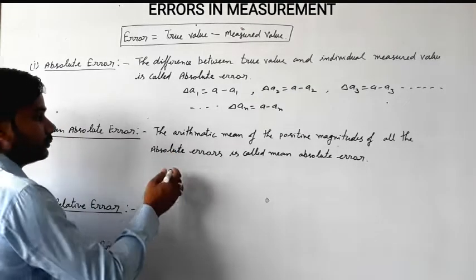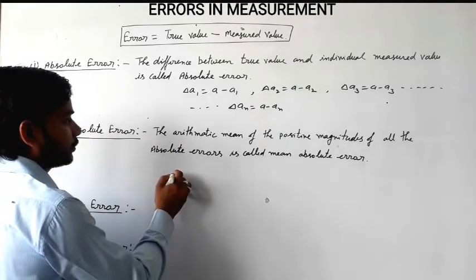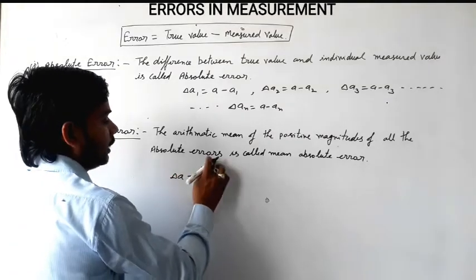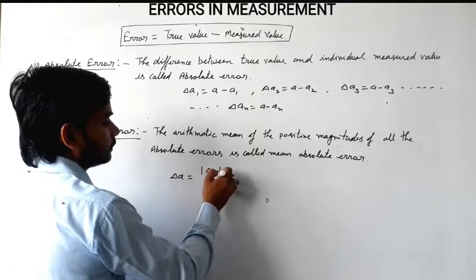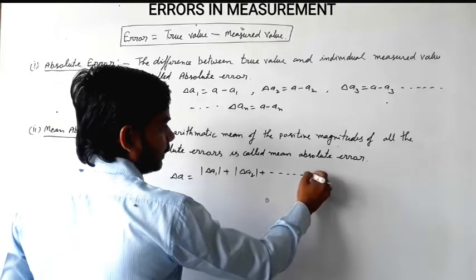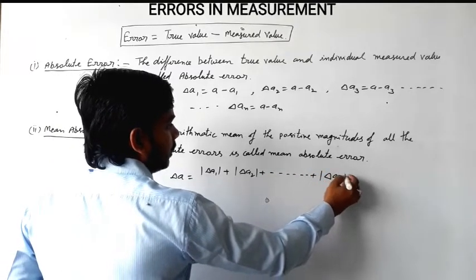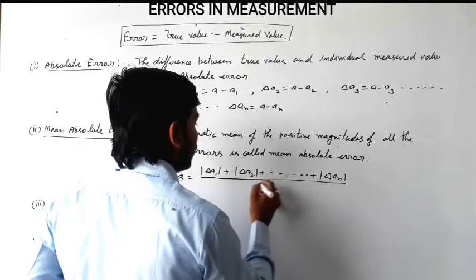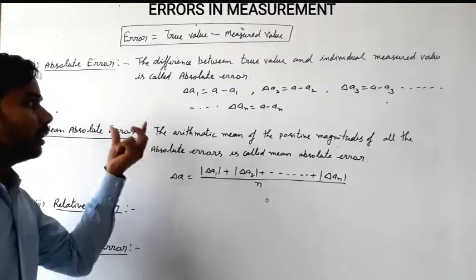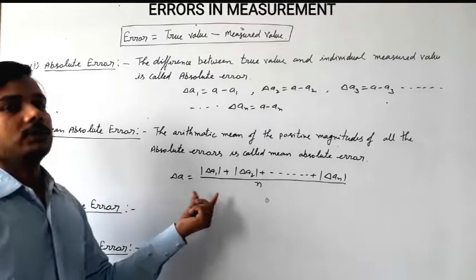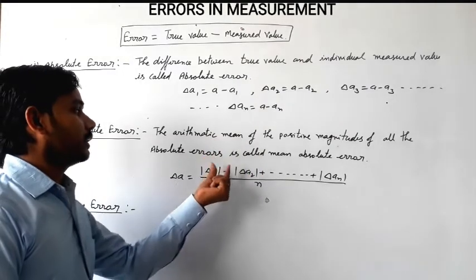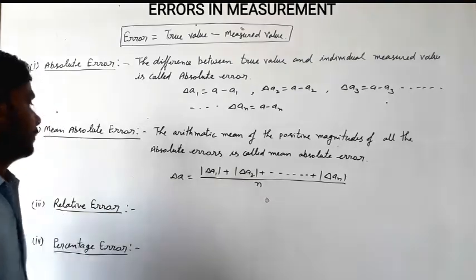The mean absolute error can be written as delta A equals magnitude of delta A1 plus magnitude of delta A2 plus, and so on, up to magnitude of delta An, divided by n. Taking the mean of all absolute errors is called mean absolute error, but the negative sign will be neglected and we only consider the magnitude.